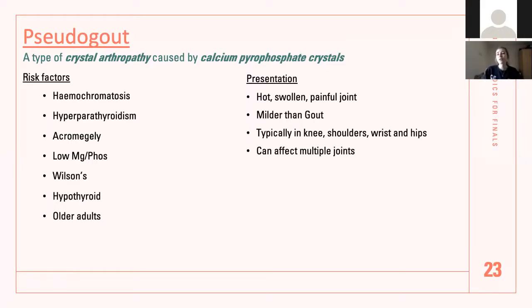It will also present with a hot, swollen, painful joint, but it's normally milder than gout. Whereas in gout you see it in the big toe and in the wrist, you typically find pseudogout in the knees, shoulders, wrists and hips, but most commonly the knee. It can also affect multiple joints.